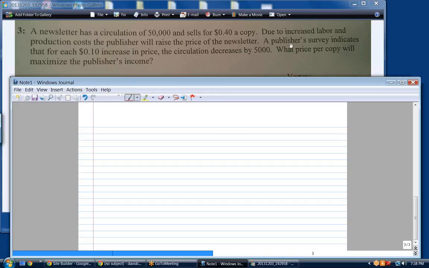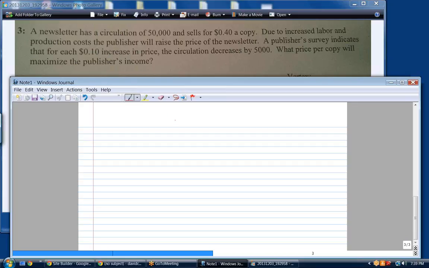In other words, you might be inclined to say the variable should be whatever price per copy we're going to charge. But that's not our variable. The variable we want to use is the number of 10-cent increases.